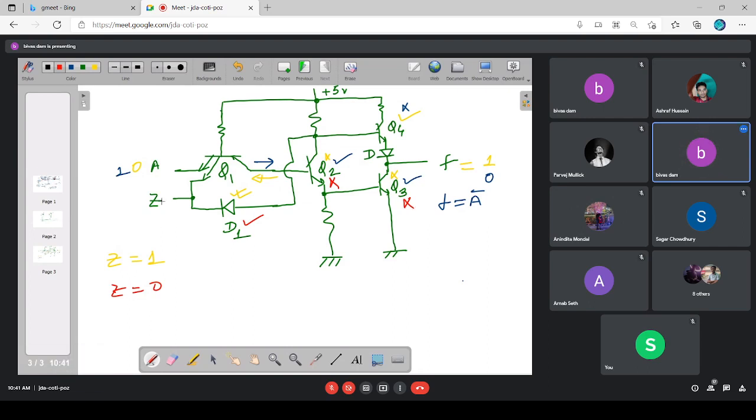Now, Z is logic 0. Voltage level wise, let us assume that to be 0 volt. So what will be this potential? Approximately 0.6. And this potential? 0.6. Will this 0.6 volt be sufficient to turn these two junctions on?